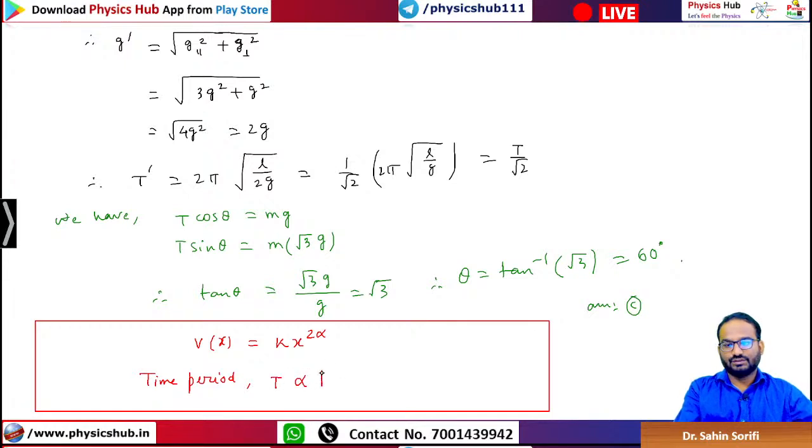T is proportional to E to the power (1 minus alpha) divided by 2 alpha.